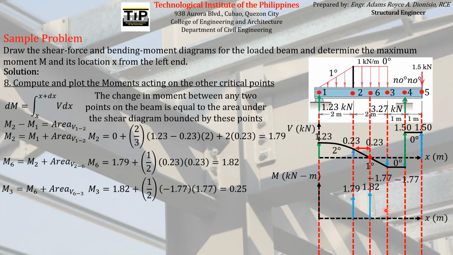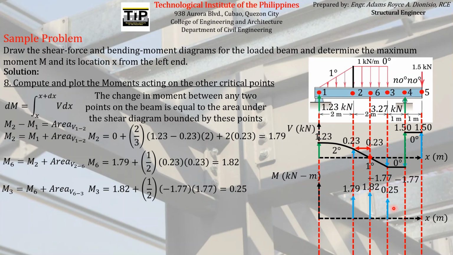So the bending moment at point 3 is just equal to the bending moment at point 6, which is 1.82, solved a while ago, plus the area under the shear force diagram, which is this, which is again a triangle with a dimension of 2 minus 0.23 by negative 1.77. 2 minus 0.23 is just equal to 1.77. Simplifying, we will see that the bending moment at point 3 is just equal to 0.25. So positive again, so that will be plotted above the horizontal axis.